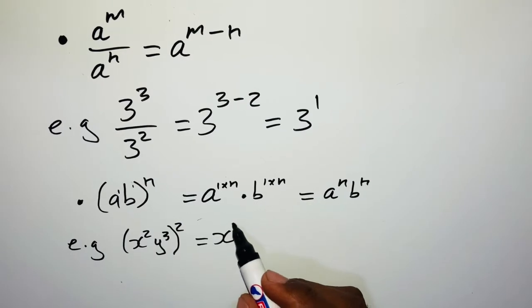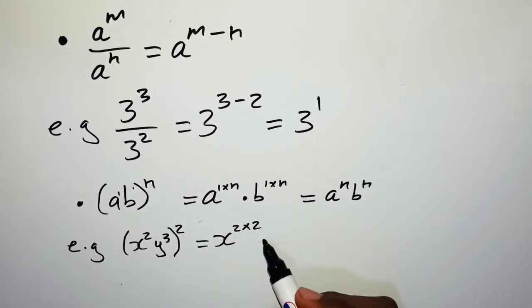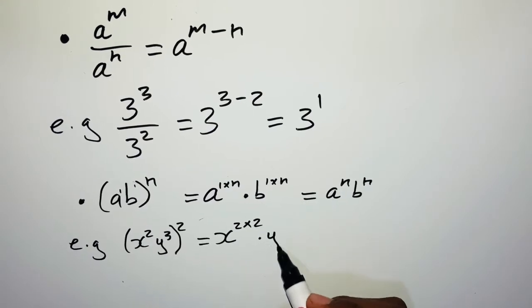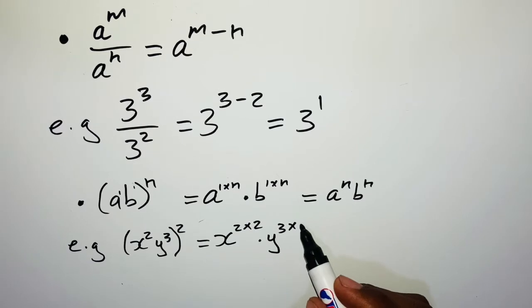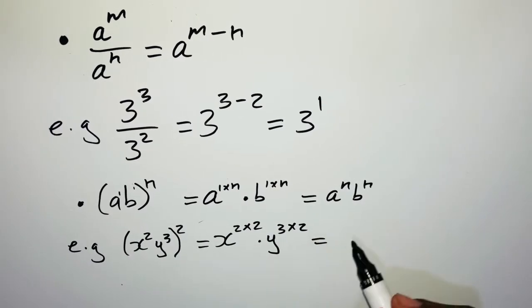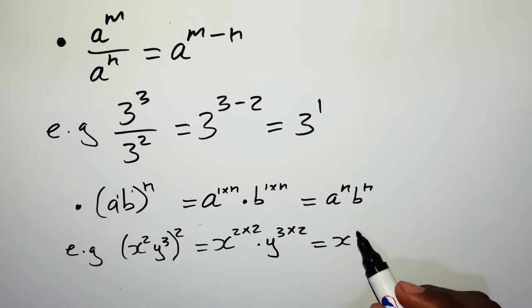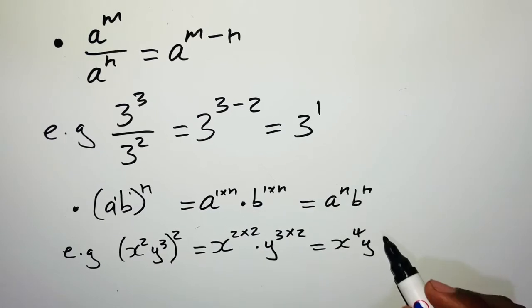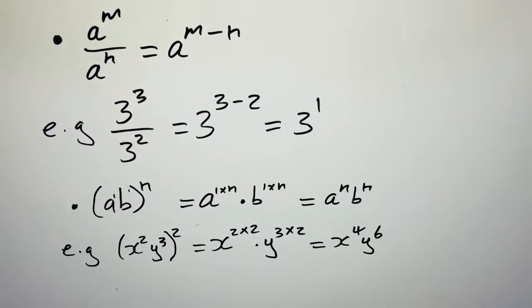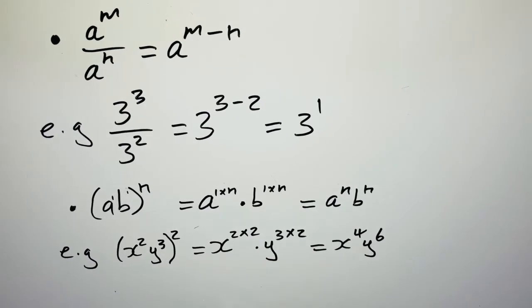So it's x to the 2 times 2, multiplied by y to the 3 times 2, which gives us x, 2 times 2, it's a 4, y, 3 times 2, it's a 6. That's our third law.